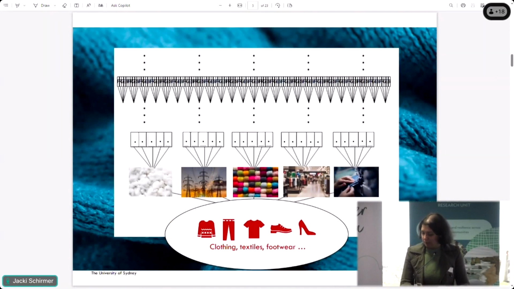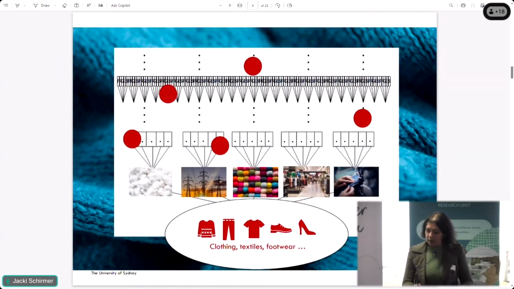And even with clothing, there's cotton clothing, wool clothing, polyester. So think about all the supply chains, even for the production of one single piece of item. And then, of course, upstream in various countries. And in those countries or closer to home as well, we can have these spillover impacts.